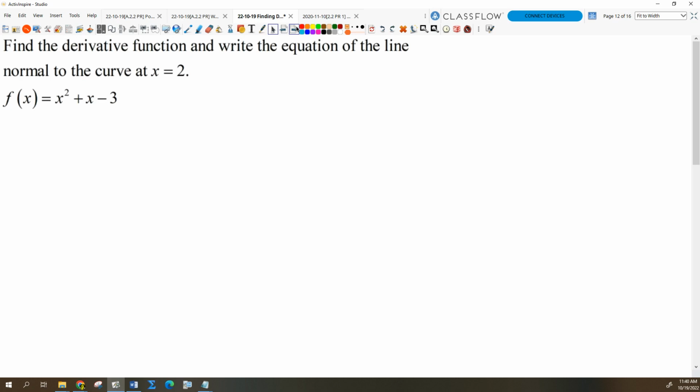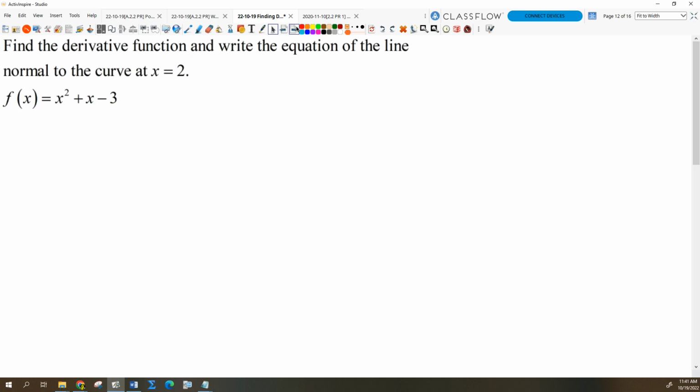Normal lines are lines that are perpendicular to a curve. So they're going to be perpendicular to the tangent line at the point of tangency. Does that make sense? So how could we approach this one then? Yeah, I take the opposite reciprocal.